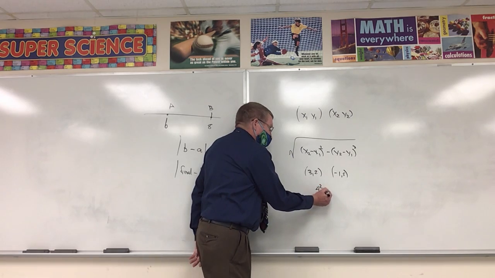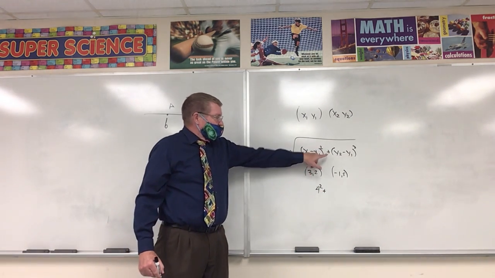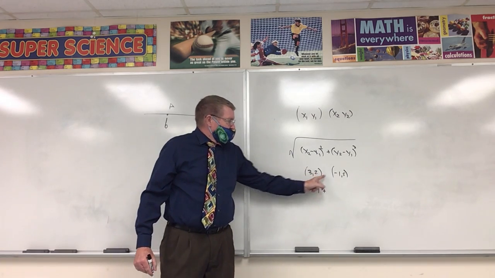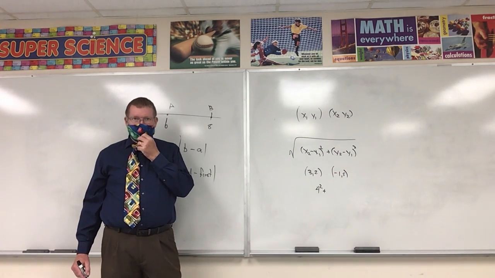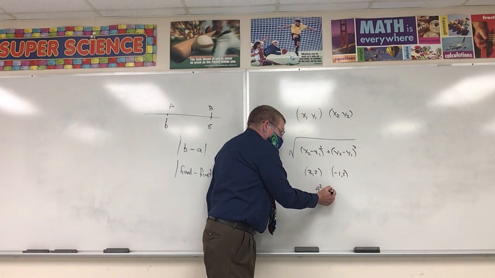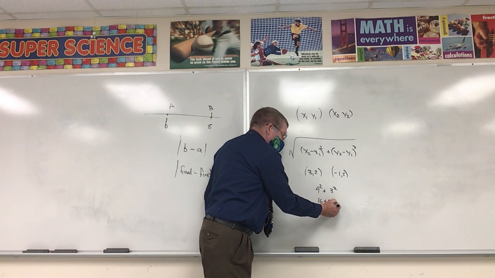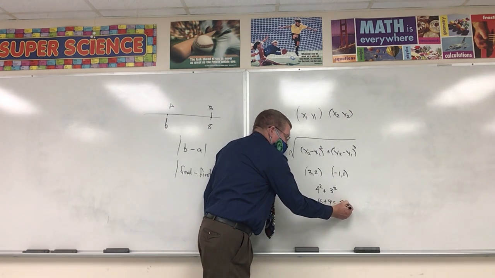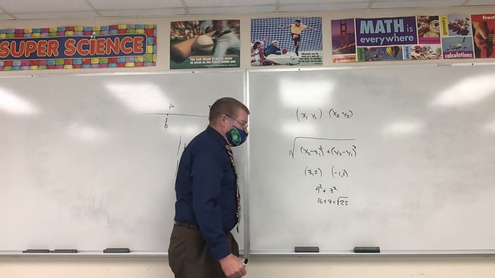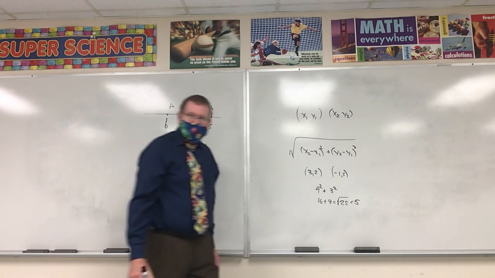So I'm going to square it. Oops, this should be a plus, not a minus. I'm sorry. Change that to a plus. What's the difference between my 2 and 5? Negative 3. Square it. 9. So we get 16 plus 9, which is 25. Take the square root. 5.